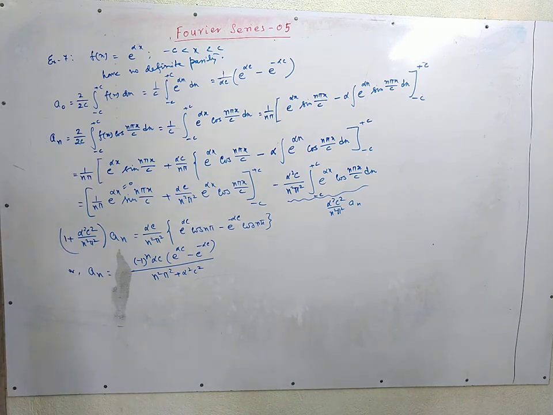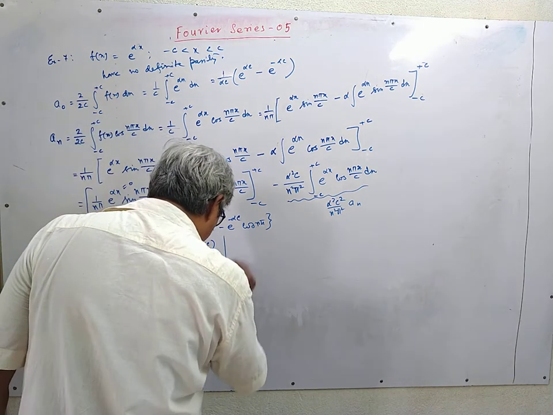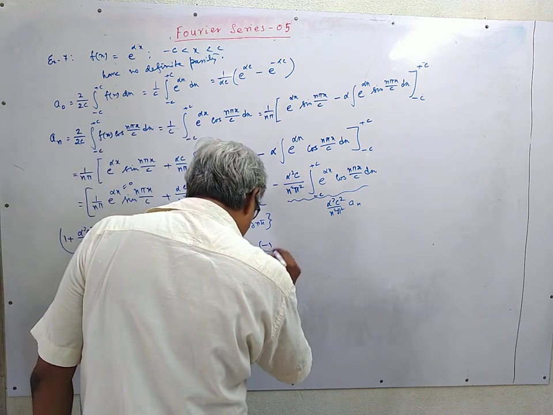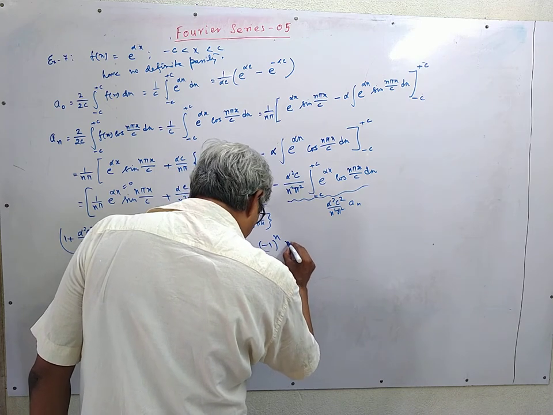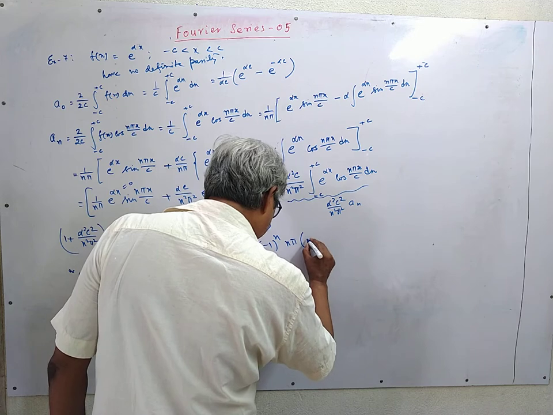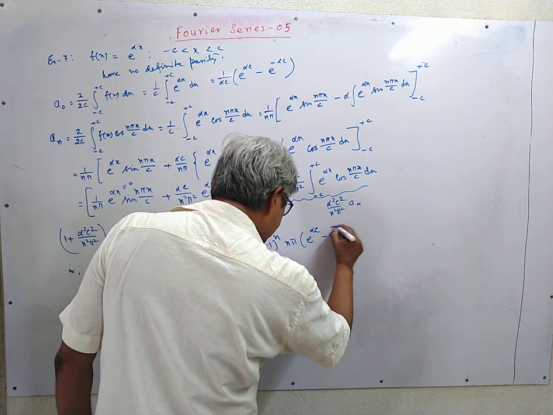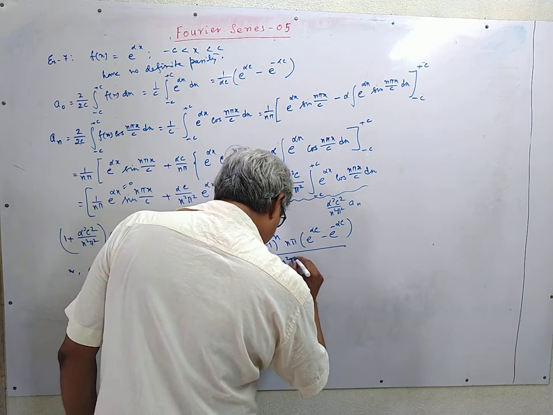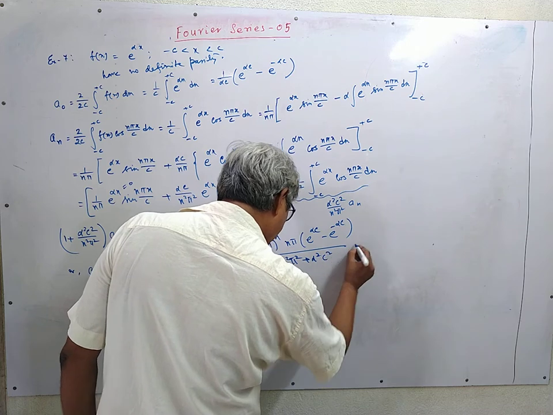Similarly bn can be calculated. If we carry on calculation in the same line, bn will come out to be minus 1 to the power n pi, e to the power alpha c minus e to the power minus alpha c, by n square pi square plus alpha square c square.